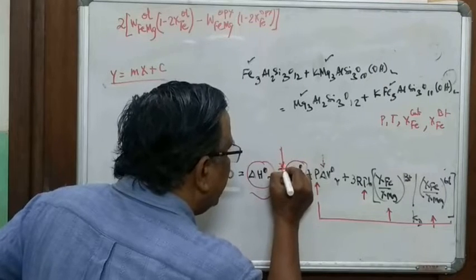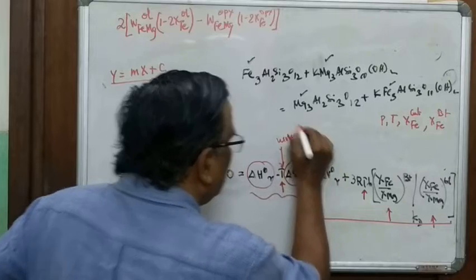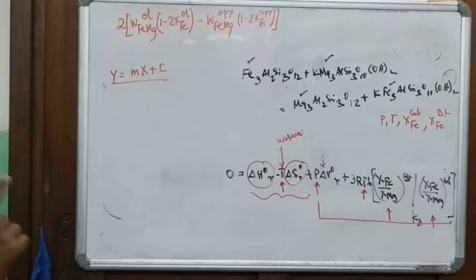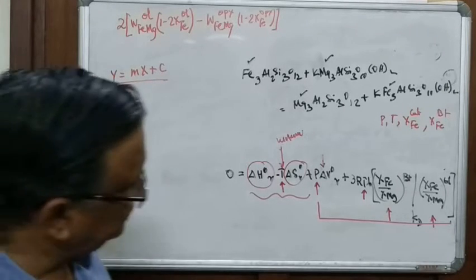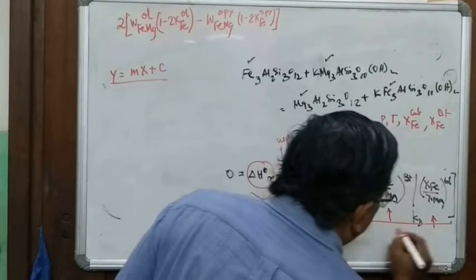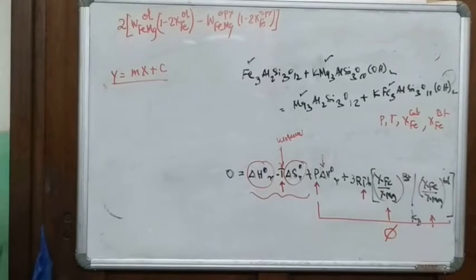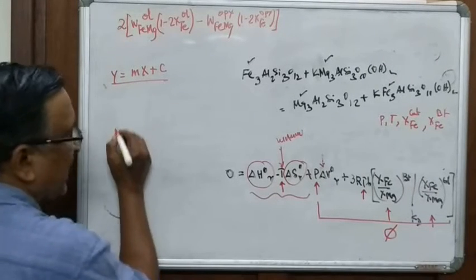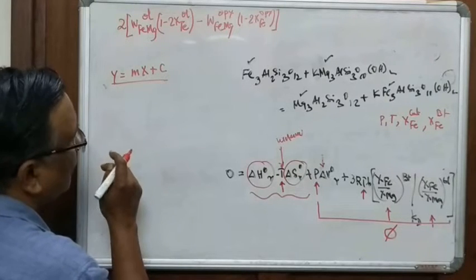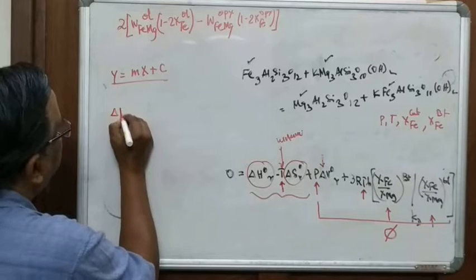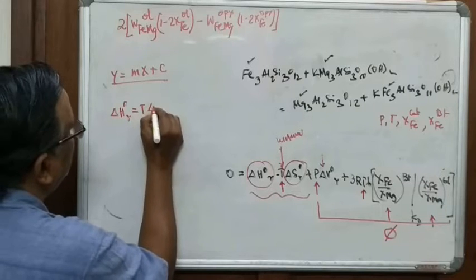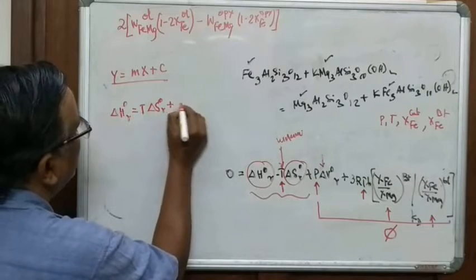So if I take the temperature as the x-axis, and write this expression as phi, it becomes delta H0R is equal to T into delta S0R plus phi.